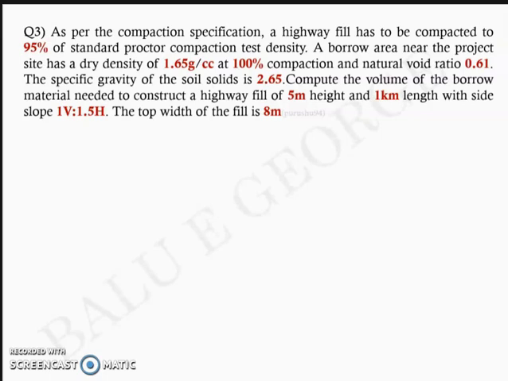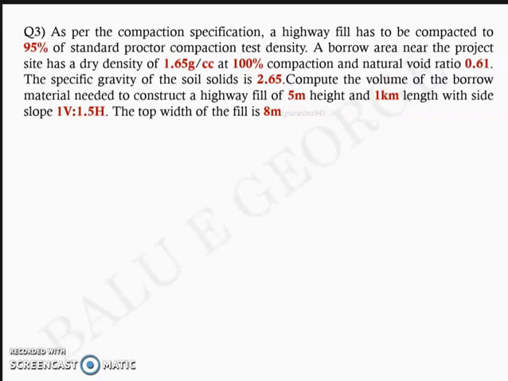The specific gravity G is 2.65. We are asked to compute the volume of the borrow material needed to construct a highway fill, which is 5 meter in height, 1 kilometer in length with side slope 1 vertical to 1.5 horizontal. The top width of the fill is given as 8 meters.